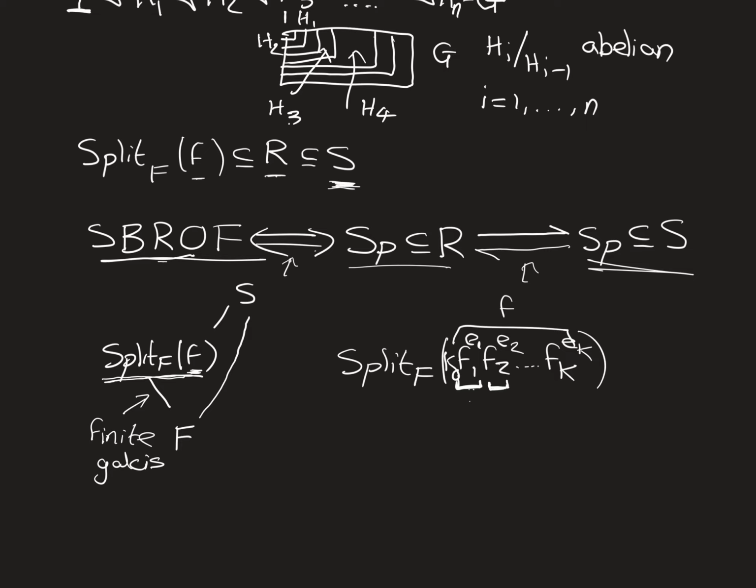So then this splitting field will be the same as if I got rid of the k0, got rid of the multiplicities, and just had f1, f2, all the way up to fk. And this polynomial would now be separable. So the splitting field of my original f, if f was an inseparable polynomial, it had multiplicities in its roots because not all of e1, e2, all the way up to ek were 1, it doesn't matter because its splitting field will still be the same as this polynomial.